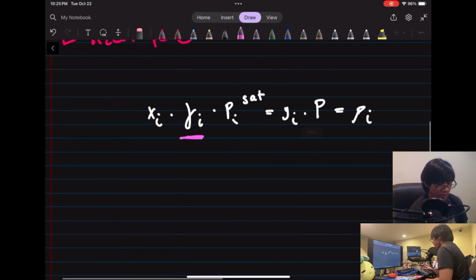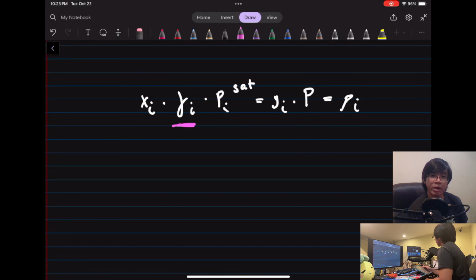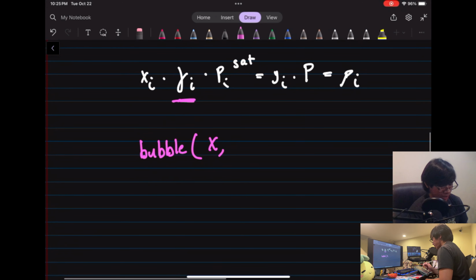And as you know, with at least the bubble calculations, this is our first bubble, and we're given a known liquid composition, so we're given an X. Depending on whether it's temperature or pressure, we'll put temperature or pressure here. But in our case, if we have bubble temperature, we'll need to put pressure as a parameter to solve for.